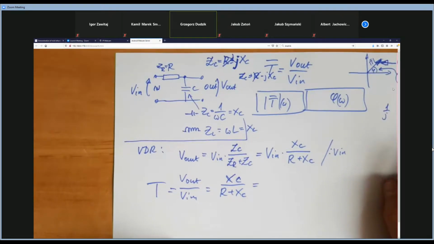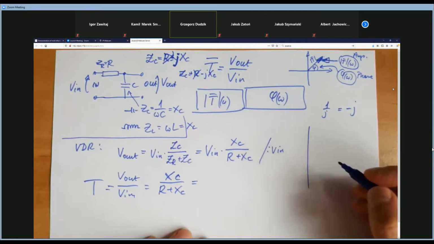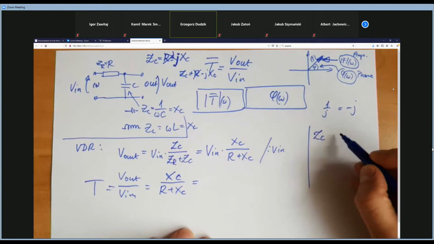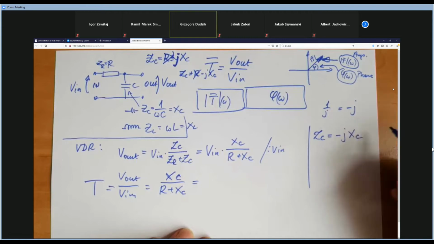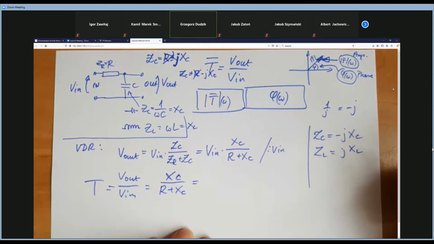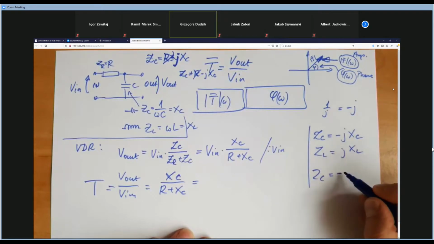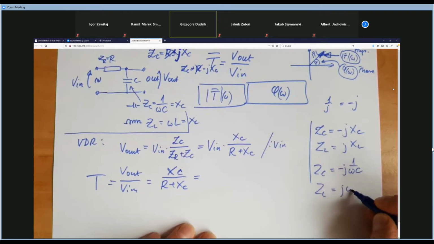So if you want to be more precise, ZC is in fact equal to minus J XC, and ZL is J XL. So XC can be represented in that form, minus J times 1 over omega C, and ZL is J omega L.